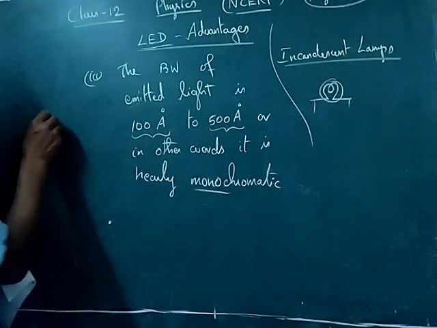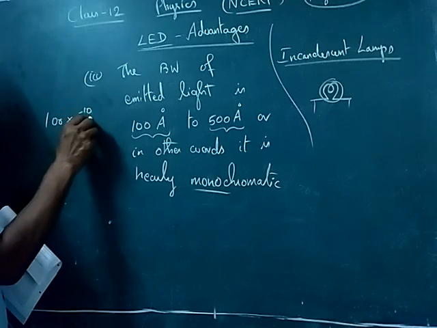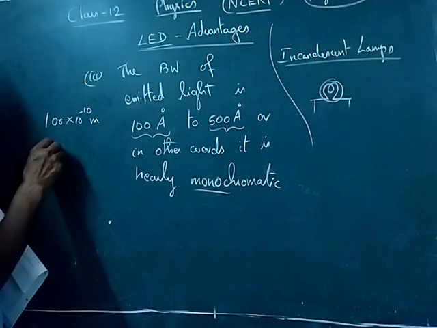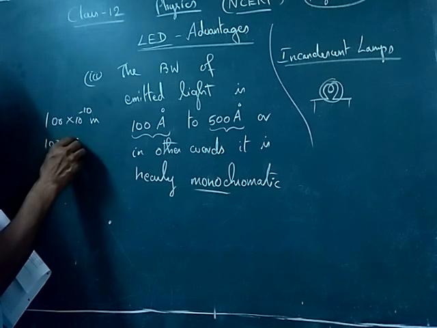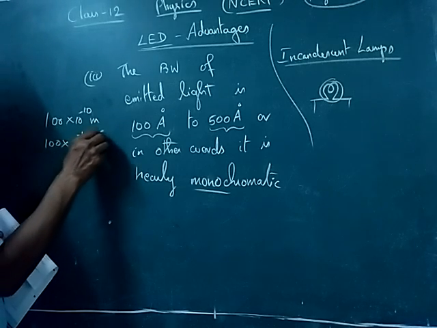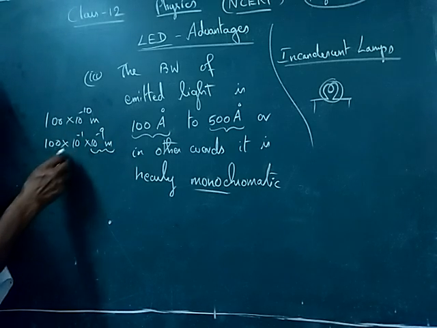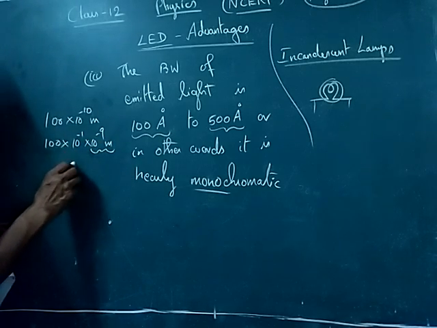So 100 angstrom unit is 100 times 10 power minus 10 meters. Pulling out 10, it is 10 power minus 1 into 10 power minus 9 meter. So this becomes nanometer. So 10 power minus 1 is 10 nanometer.